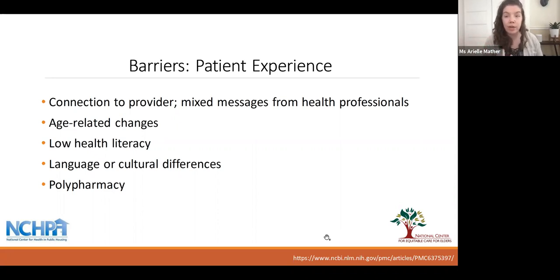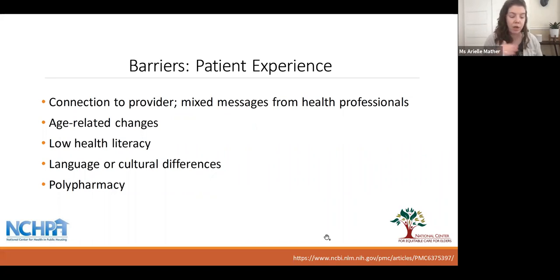Certainly visual and hearing changes are common for adults over the age of 65, which can impact their interactions with providers as well as how they engage in their daily routines. And concerns with mobility or balance can certainly limit an older adult's sense of confidence or safety when engaging in physical activity, both in their homes and communities. And like Jose mentioned, health literacy is a really important factor here.